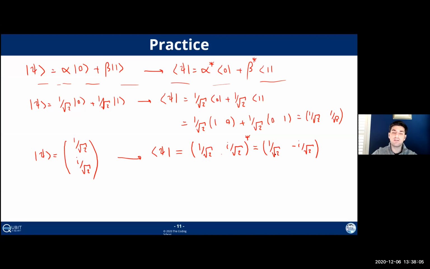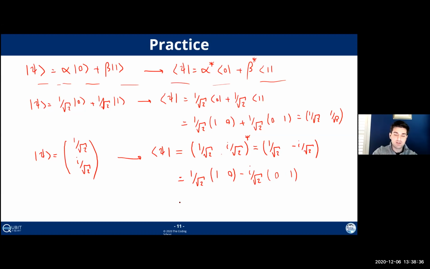Now let's try to write this using the bracket notation. So here again, I'm going to break it down a little bit. So I have 1 divided by square root of 2 times the 1, 0 row vector. And over here, I'm going to have minus i divided by square root of 2 times the 0, 1 row vector.